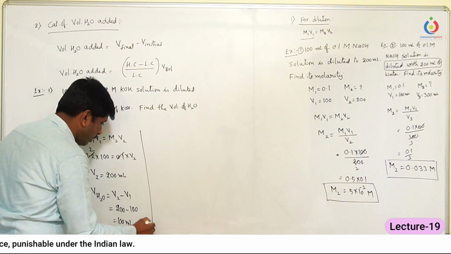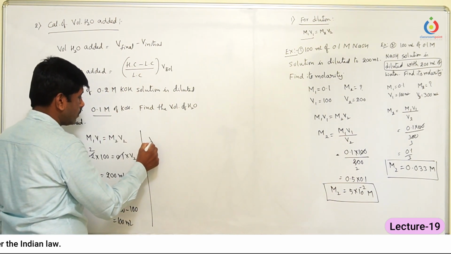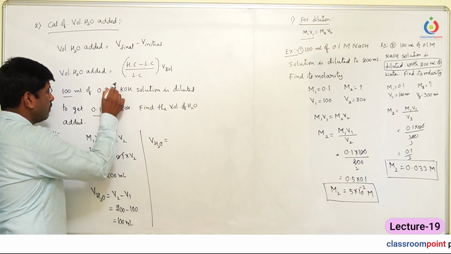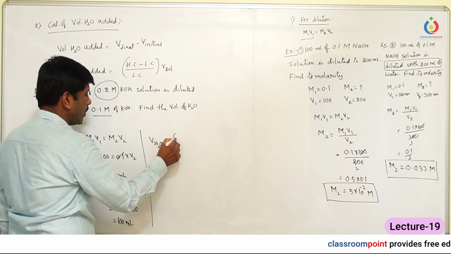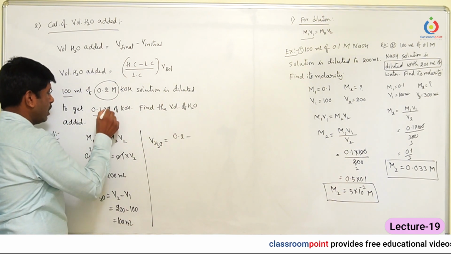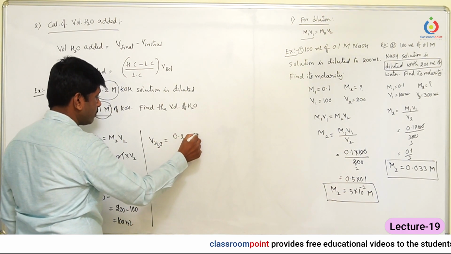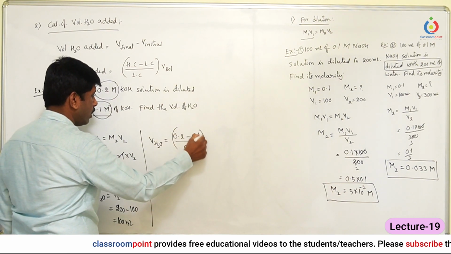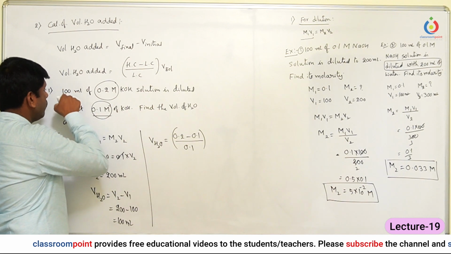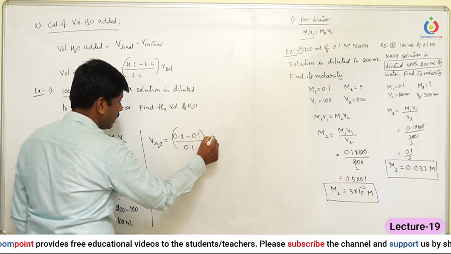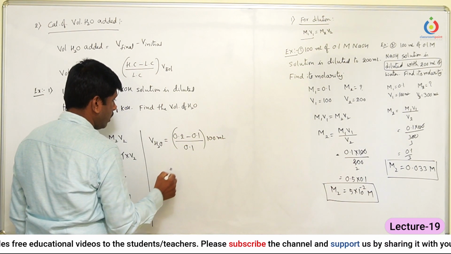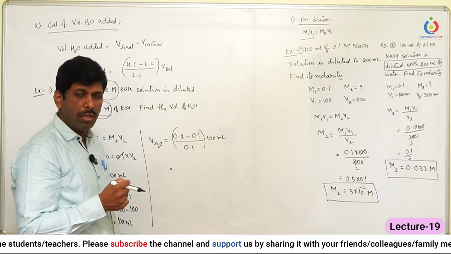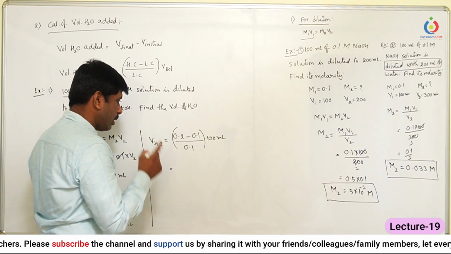Now let us see method 2 using the other formula. Volume of H2O added is equal to the higher concentration, which is 0.2, minus the lower concentration 0.1, divided by the lower concentration 0.1, into the volume of the solution, which is 100 ml. 0.2 minus 0.1 gives 0.1, and 0.1 by 0.1 gives 1.